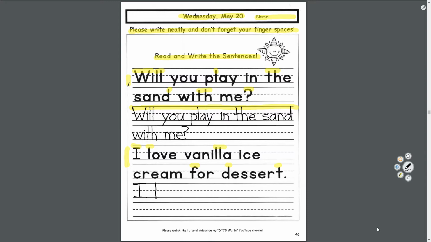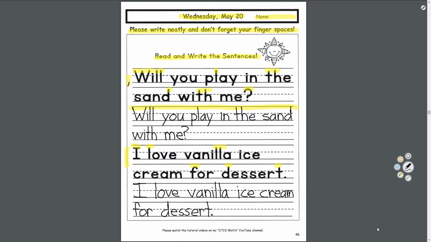I love vanilla ice cream for dessert. And I'll show you a trick how you can tell the difference between dessert and desert.